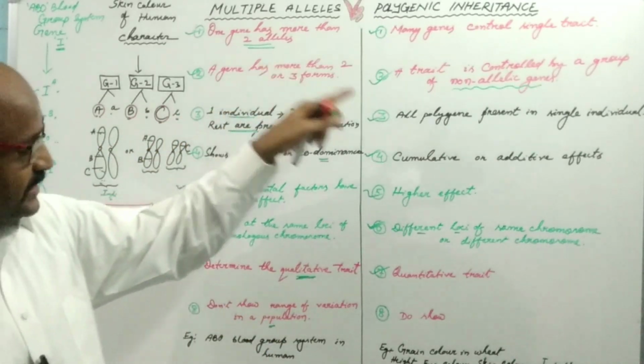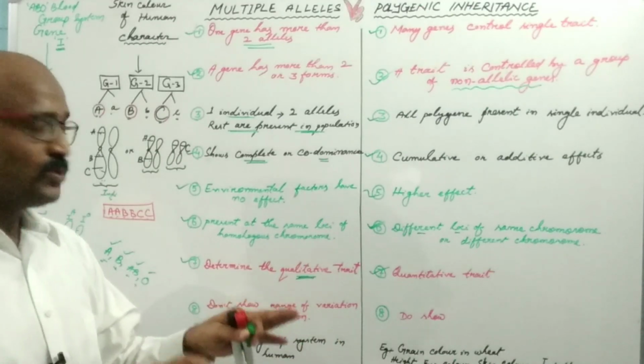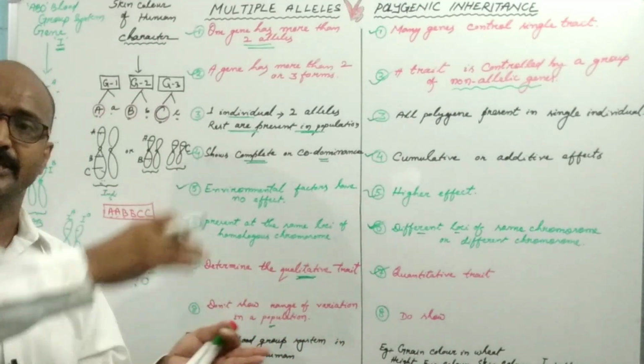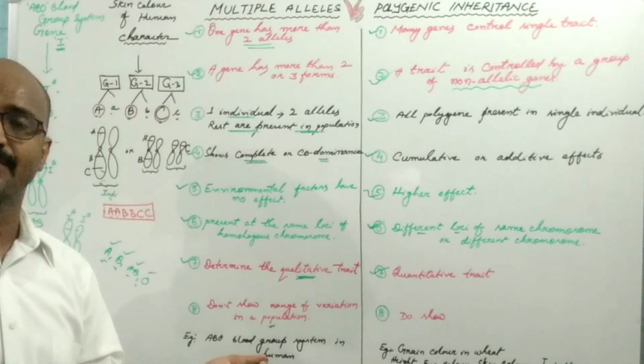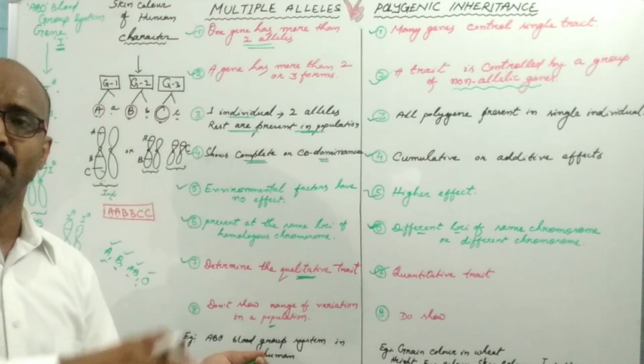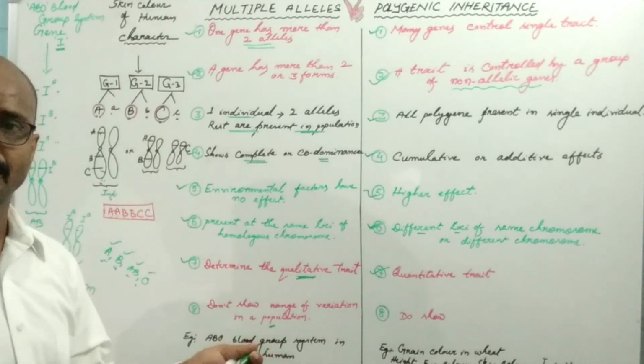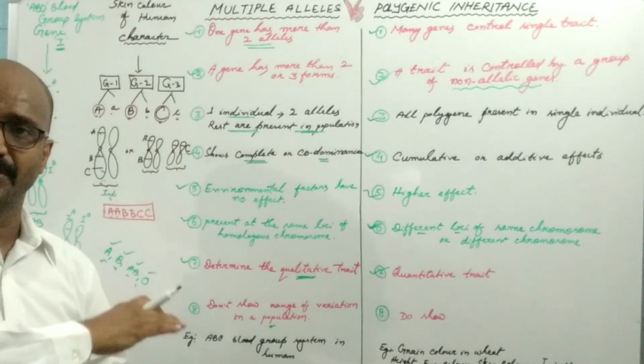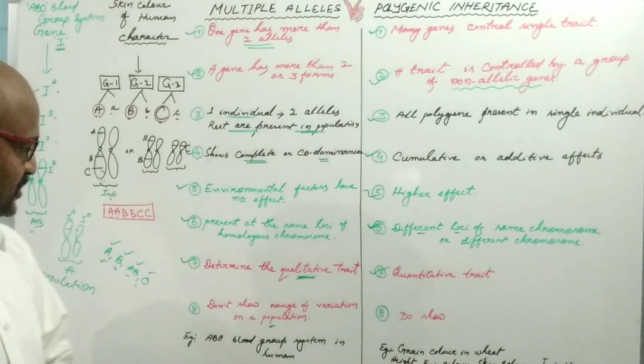But polygenic inheritance shows continuous variation of phenotypic expression. Between tall and dwarf, there are so many varieties of the trait. Between white and dark skin color, there may be so many variations.